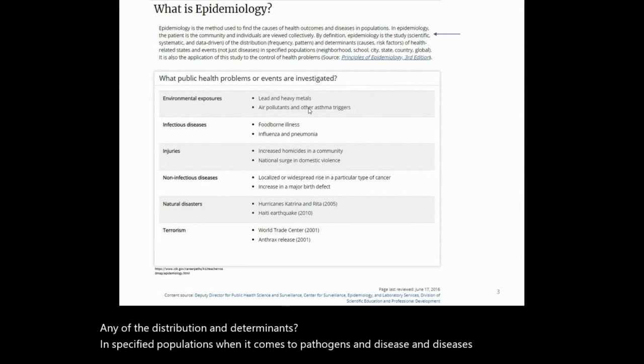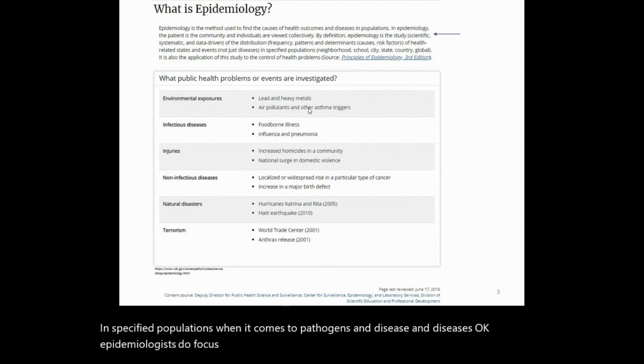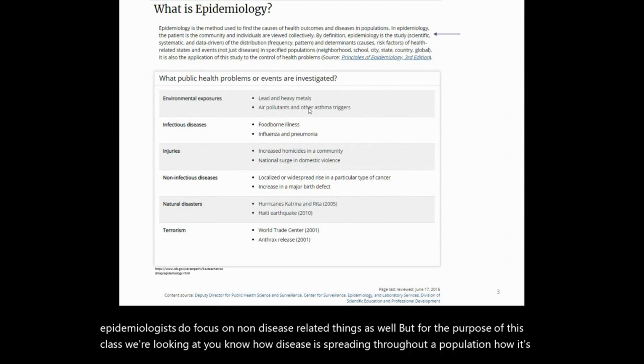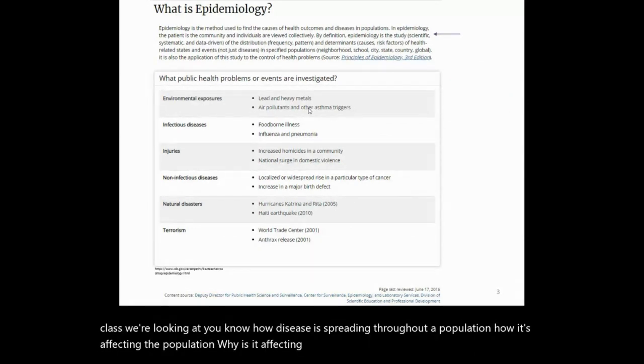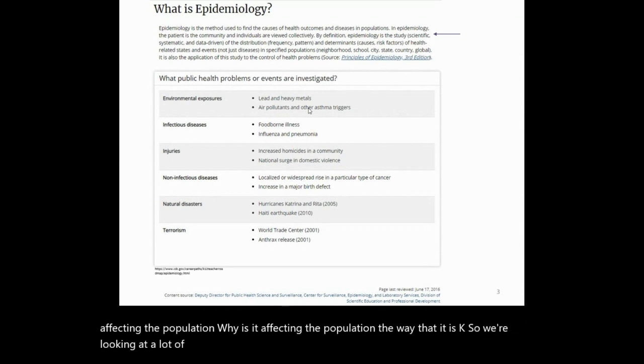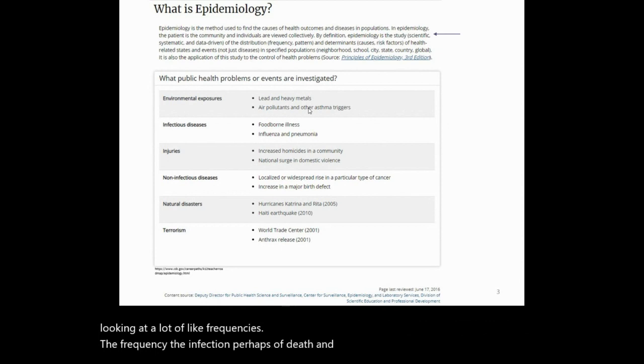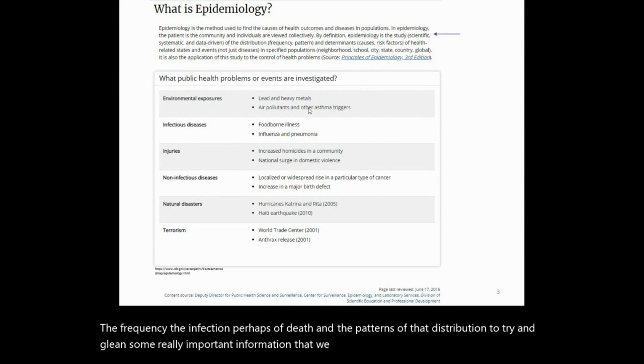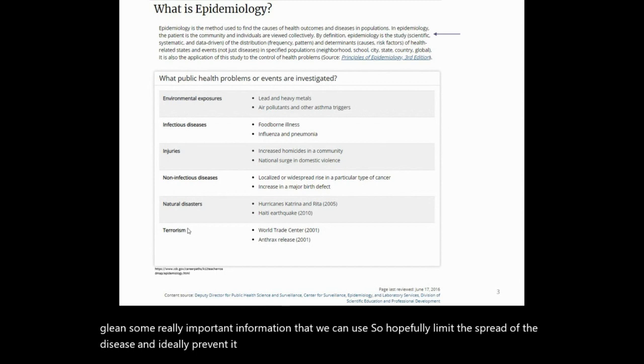Epidemiologists do focus on non-disease related things as well, but for the purpose of this class, we're looking at how disease is spreading throughout a population, how it's affecting the population, and why it is affecting the population the way that it is. So we're looking at a lot of frequencies, the frequency of infection, perhaps of death, and the patterns of that distribution to try and glean some really important information that we can use to hopefully limit the spread of the disease and ideally prevent it from occurring again.